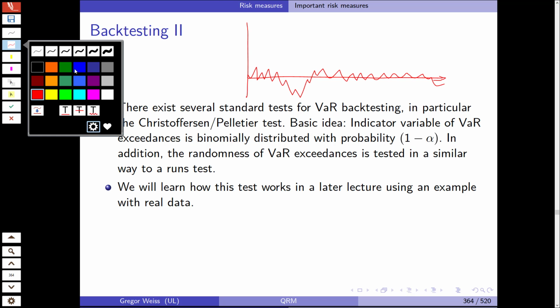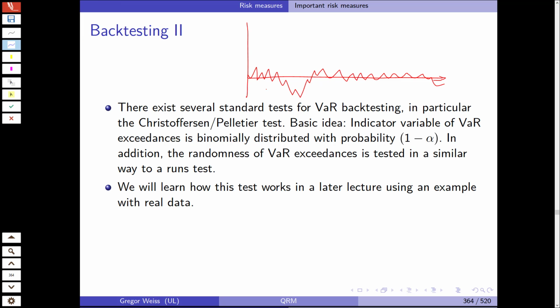And what you're then doing is you're estimating your value at risk. And you see that you have 1, 2, 3, 4 exceedances. So you would write it like this.